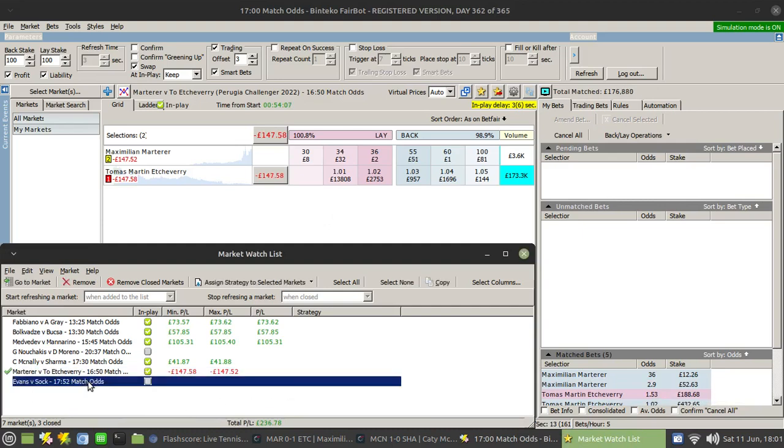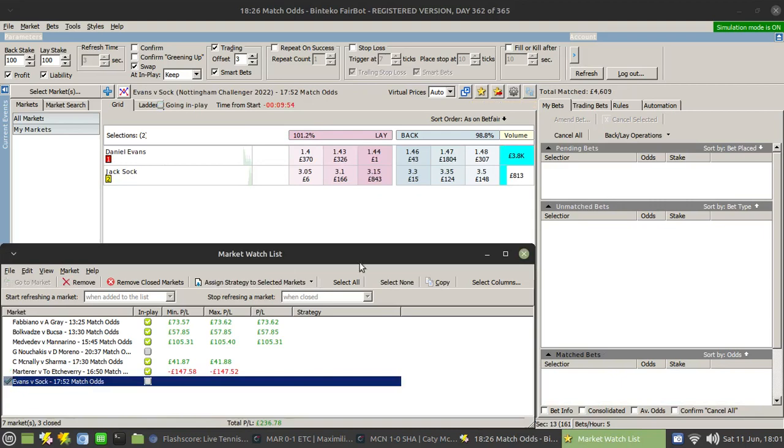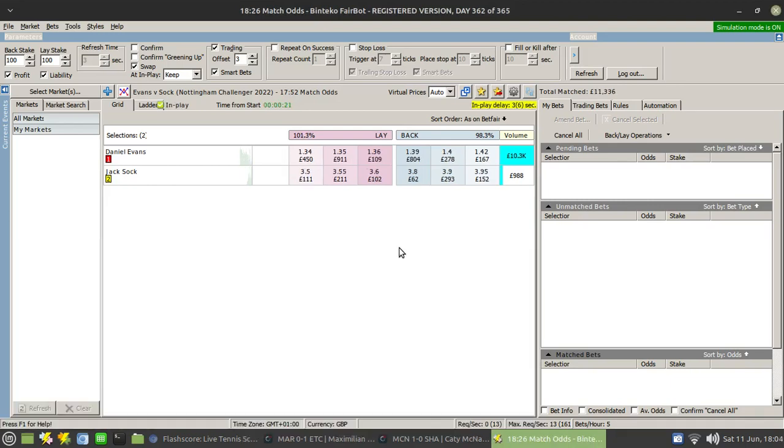Okay, we're just waiting for this one to go in play now. So once this goes in play, we'll put in the bets and see how we get on. Okay, they've kicked off, or should I say, served off in the Nottingham Challenger. So all we do here is the same as you would do in a horse race.